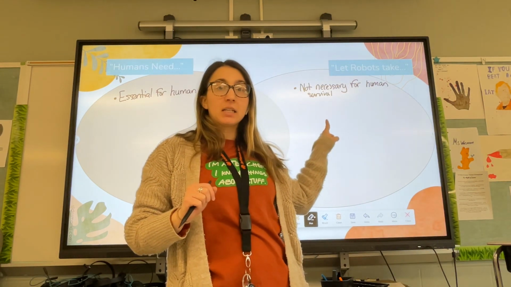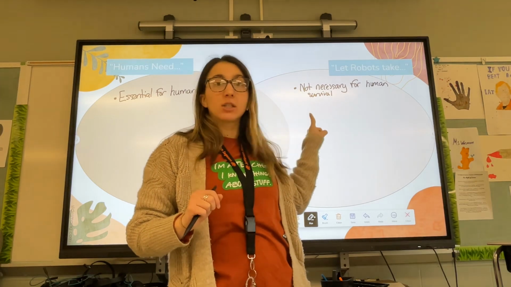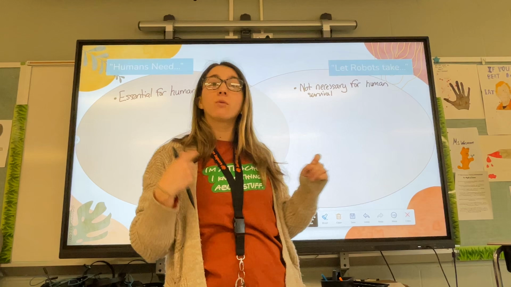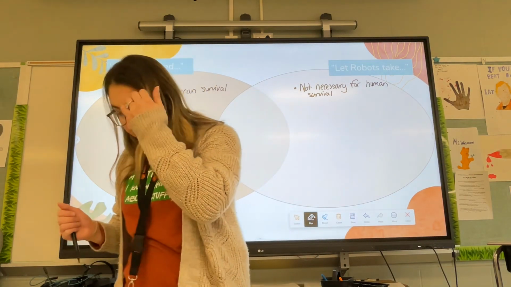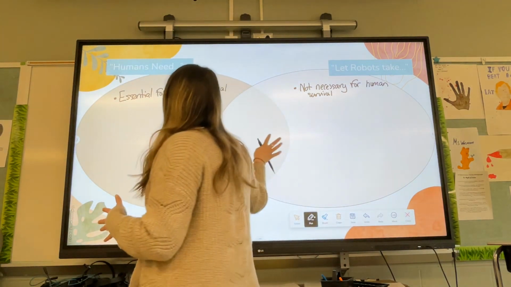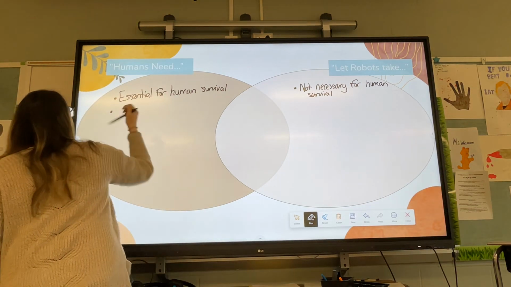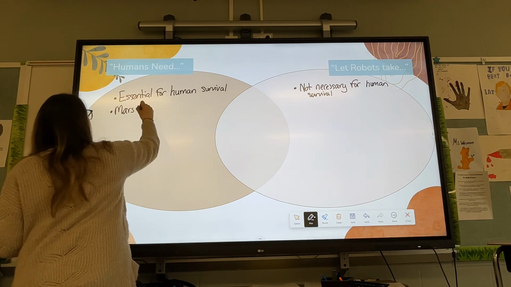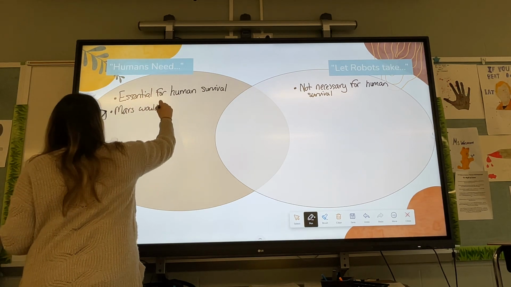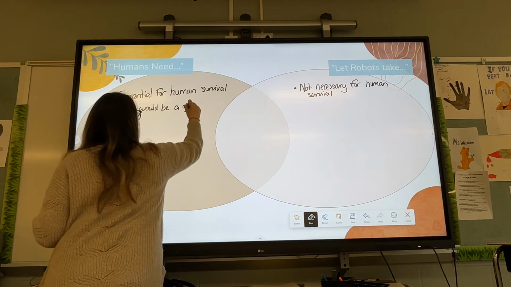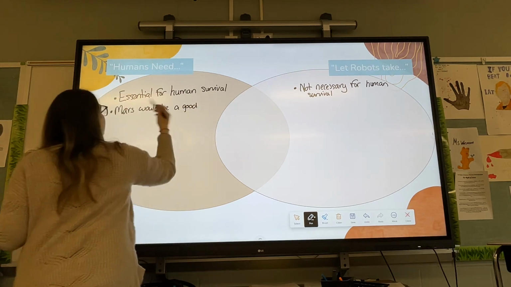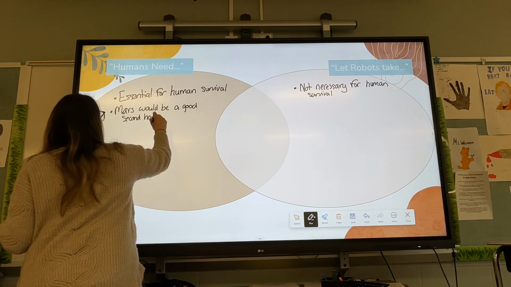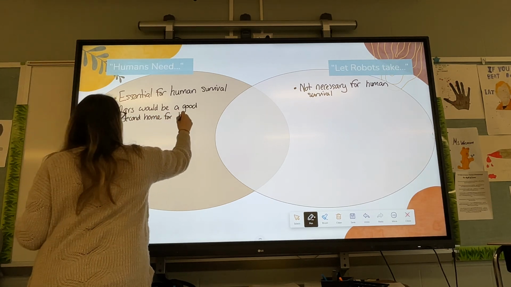As we see in "Let Robots Take," she did not think that it was essential that we do this for human survival. We see to that point that in "Humans Need," she believes Mars would be a good second home for humans.